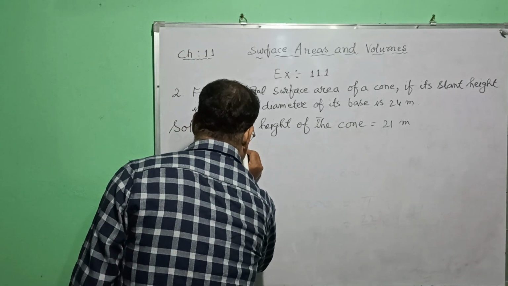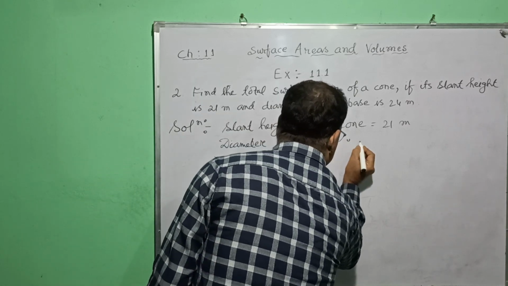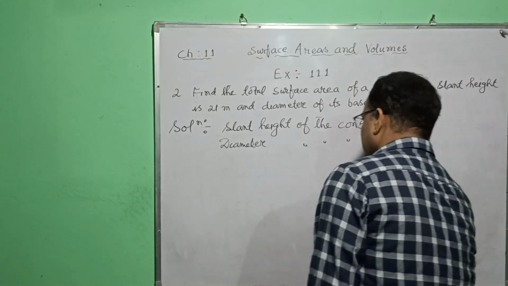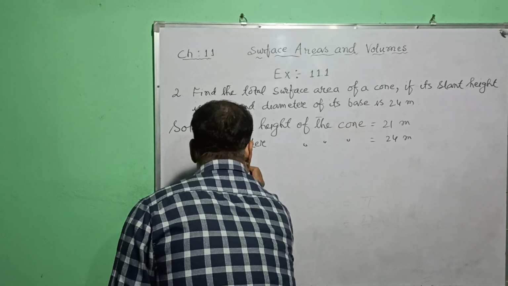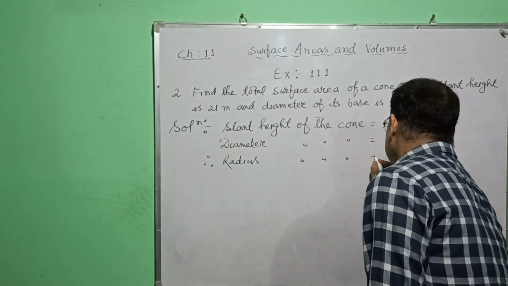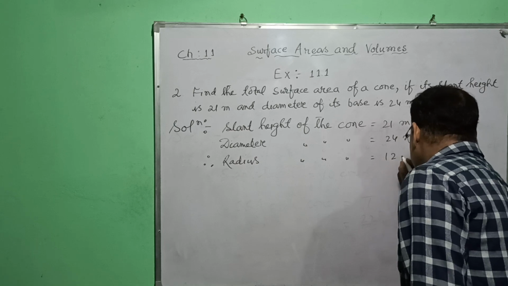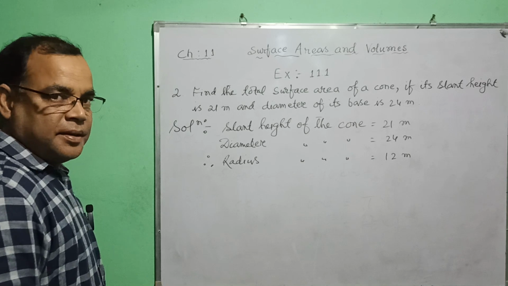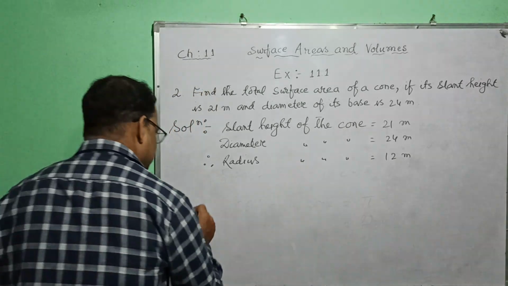Diameter of the cone equal 24 meter. Therefore, radius of the cone equal to, directly we can write by dividing 2, we'll get 12 meter. So these are the measures given.